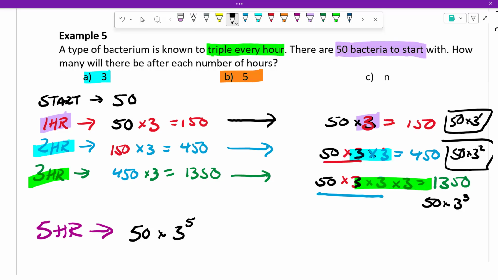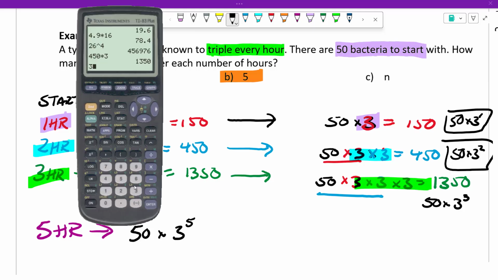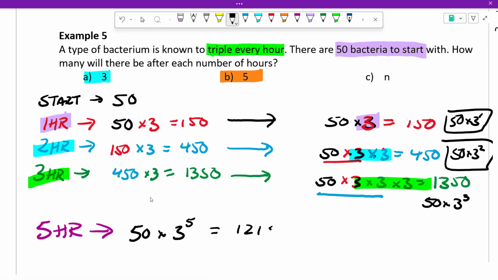So if we wanted to figure this out, it becomes a BEDMAS question. We do our exponents first. We go 3 exponent 5, we get that number, we times it by 50, and it equals 12,150 after 5 hours.